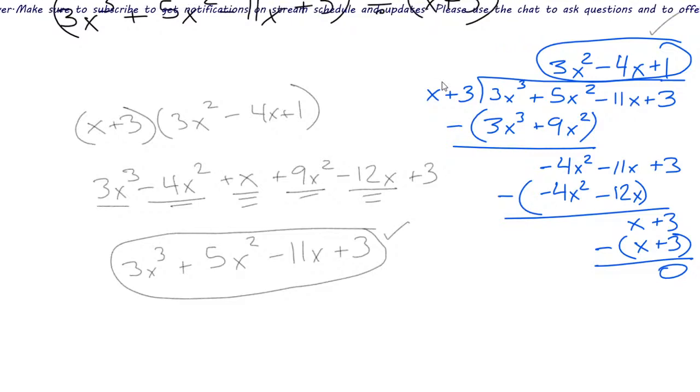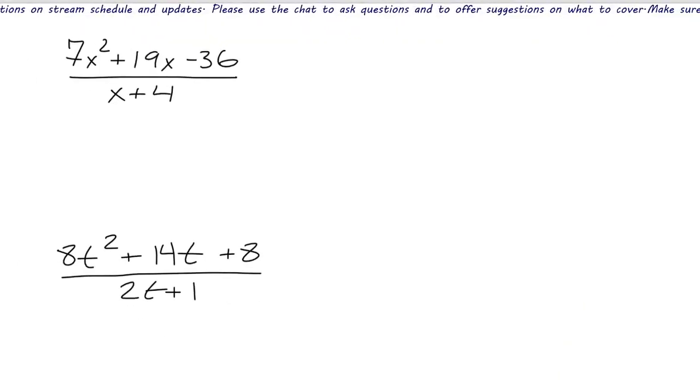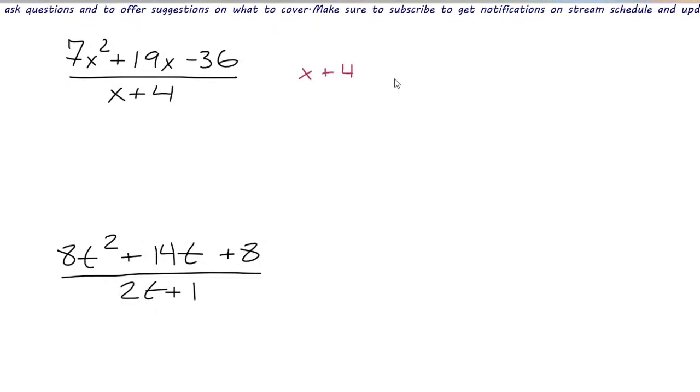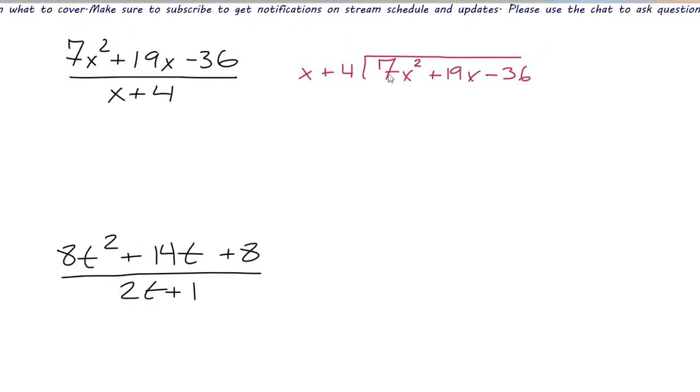All right, I'm going to go to the next page. All right, so let's set it up. So we got x plus 4. We're going to divide from 7x squared plus 19x minus 36.